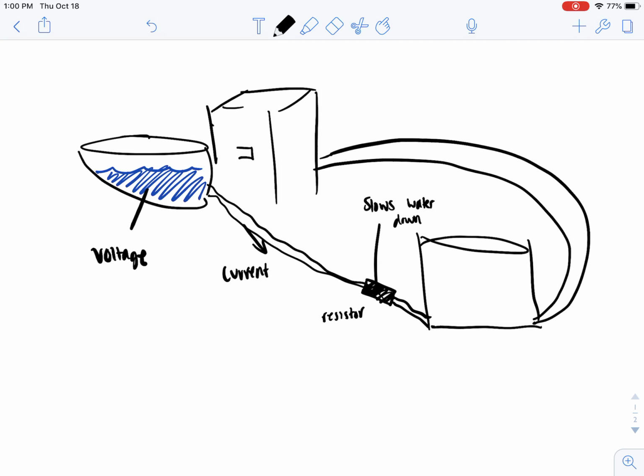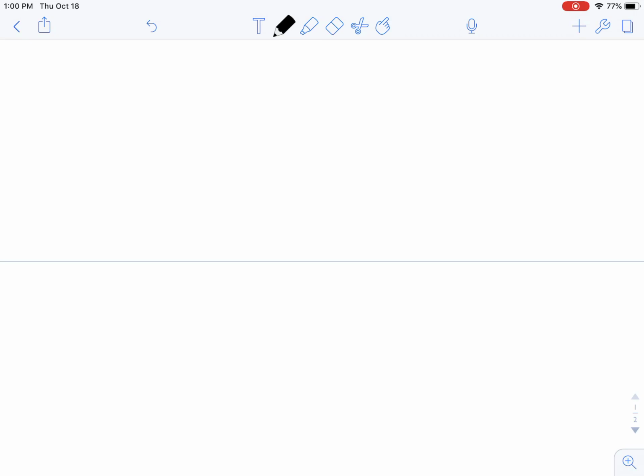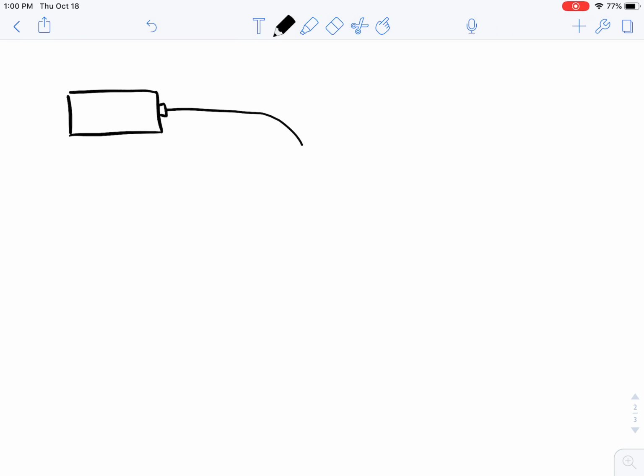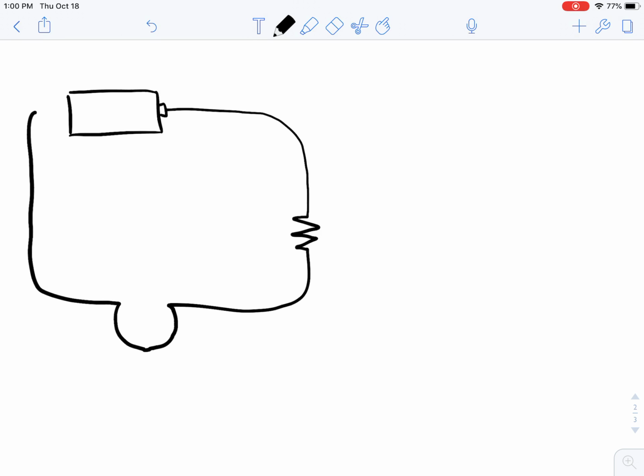And this is really important for us to understand if we ever want to go into electrical engineering, and let's say we have current and we have resistance, but we don't know how big of a battery we want to use. Or let's say we know our battery size, right? Let's say we know our battery, and that battery is going to go, and it has a resistor. And then let's say there's a light bulb here, and then it'll go back into the battery.